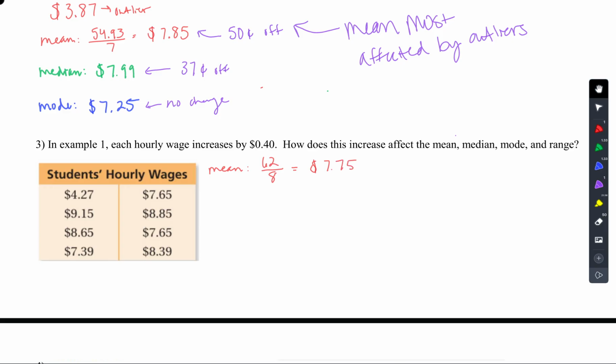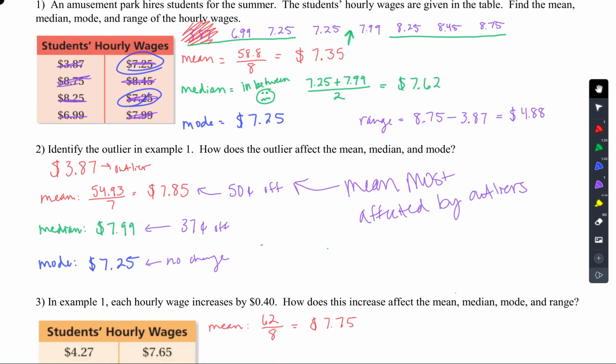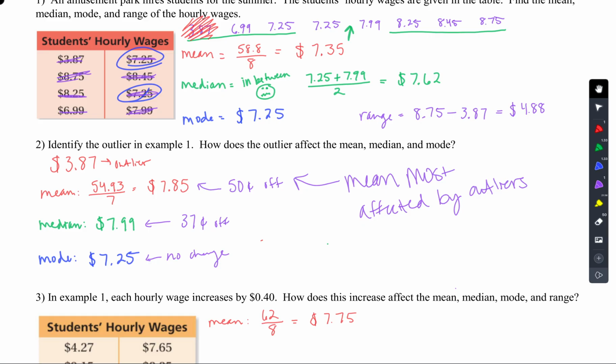The outlier is still back in now. The mean was 735 for the data that didn't have the raise, and here it is 775. The change, 35 to 75, is 40 cents. So this just went up 40 cents, just like the raise did.